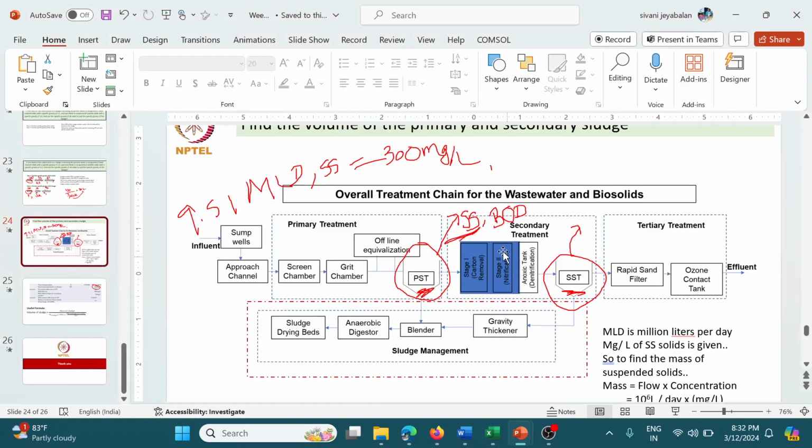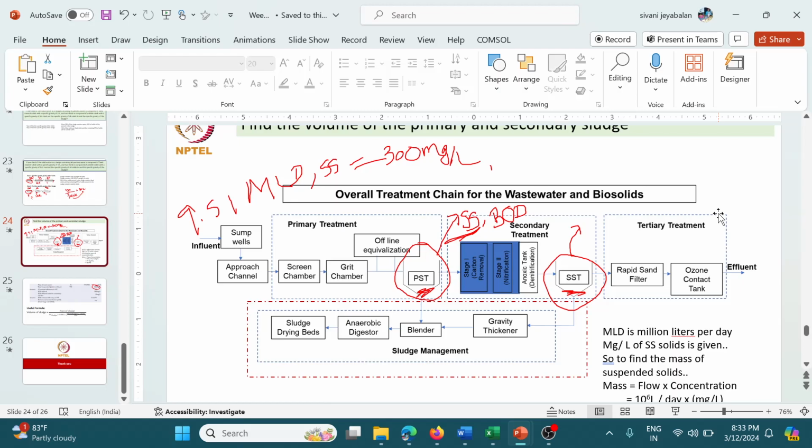Punita, you are getting what I am telling? Ma'am, one time repeat please. Okay. I will repeat it. No problem. See here. In PST, primary settling tank, you are giving some influent solids, that will be the mass of the solids, which you have calculated from the previous step.